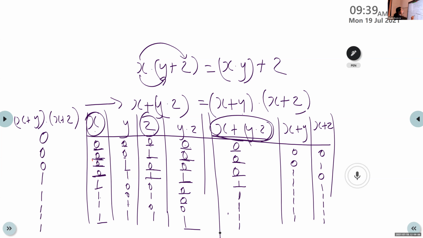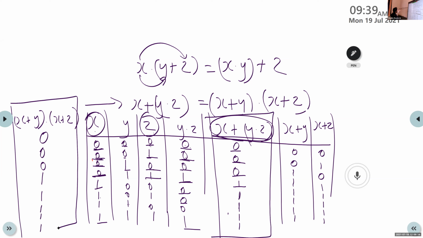So here we are proving that x plus y dot z is equal to x plus y dot x plus z. So the LHS and RHS are the same. So here we just evaluated the second distributive law, that is x plus y dot z is equal to x plus y dot x plus z.